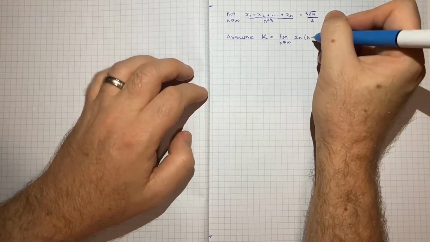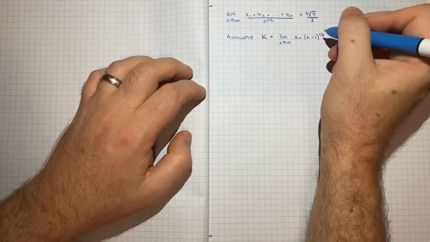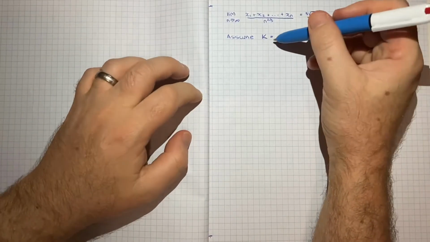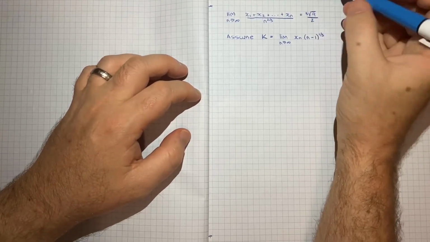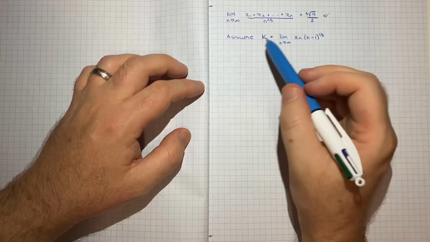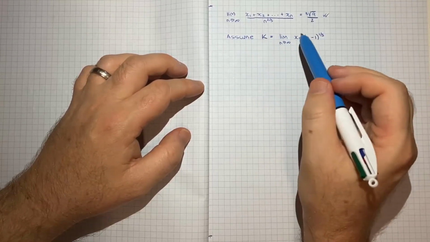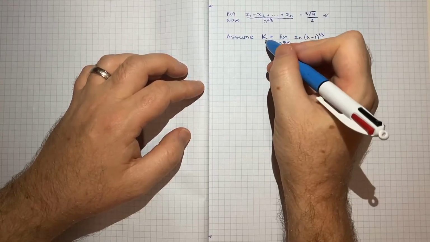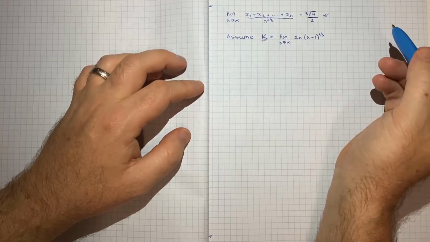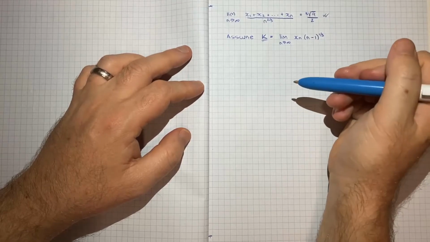So we made that assumption, and then in making that assumption we were able to go through, solve for k, and get to this ultimate result. But in order for that whole solution to be valid, we needed to first prove that k existed. And that's what I'm going to do now.